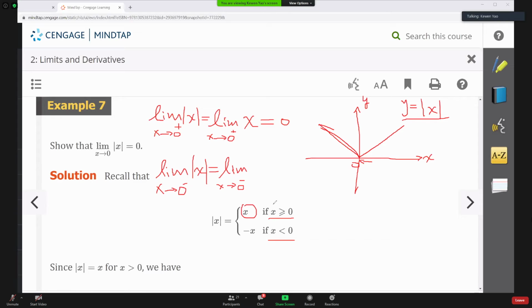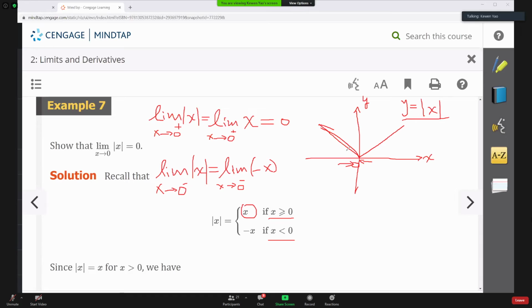So what's the function? From the left side means x is negative, so the function becomes negative x. It becomes negative x because x goes to 0 from the left side, x is negative. So if x is negative, the function is negative x.